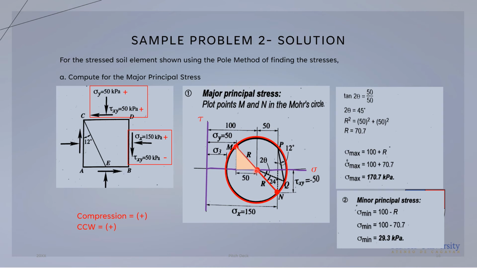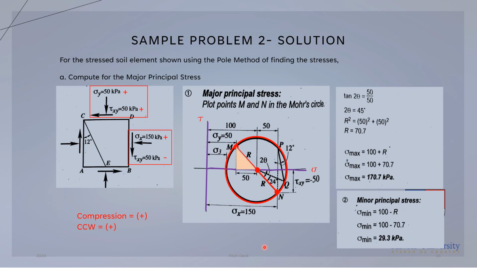If this is 100, no, our center, minusan nato siya r, mo ni siya nga distance, or our q3, or our sigma rather, our sigma minimum, which is our minor principal stress, and that would be equal to 100, or the center, minus the radius, that would be equal to 29.3 kPa. So that is our minor principal stress and our major principal stress. Although you can also use the formula for this one that we have previously discussed.